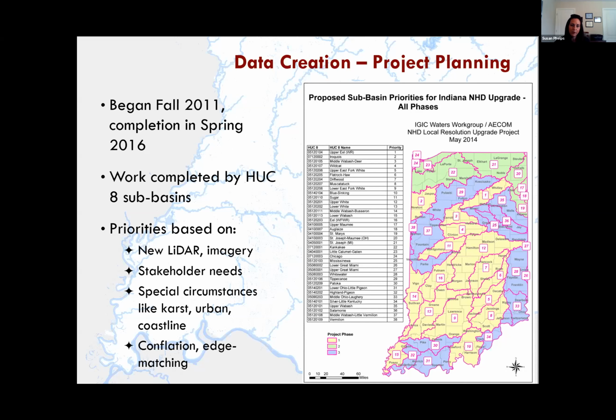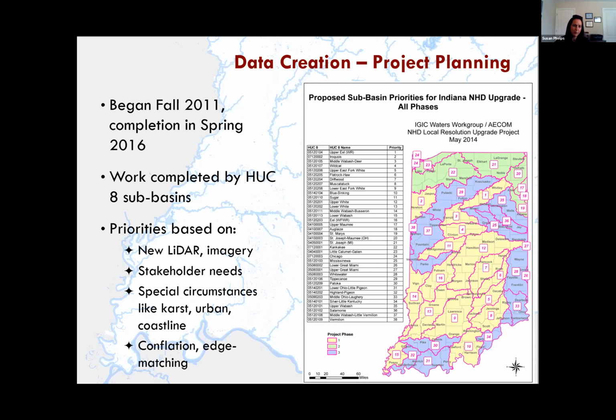So we completed the work by HUC 8 subbasins, as Dave mentioned, and we did have all of those HUC 8 basins. There's 38 in the state, so we had those prioritized at the start of the project, and a lot of that was heavily relied on when the new LIDAR and imagery data sources were being flown between 2011 and 2013.